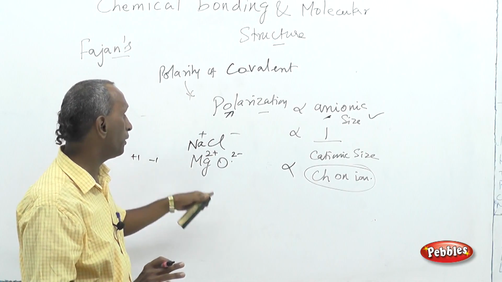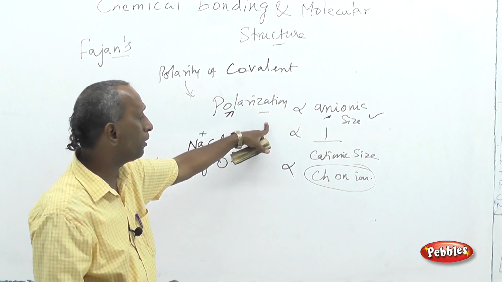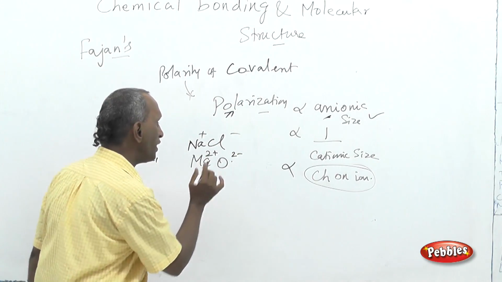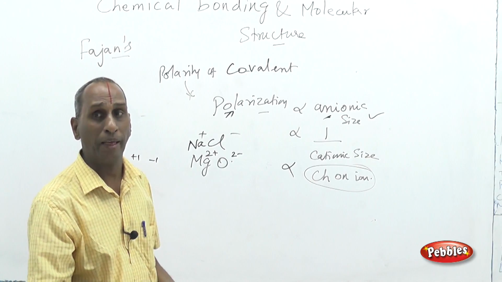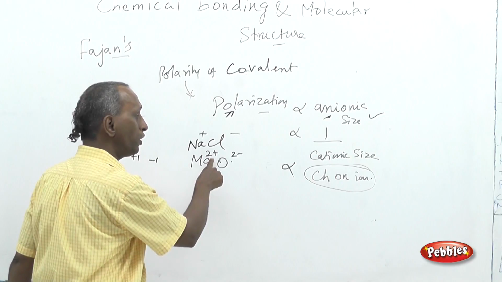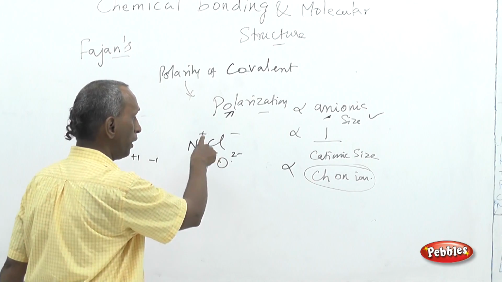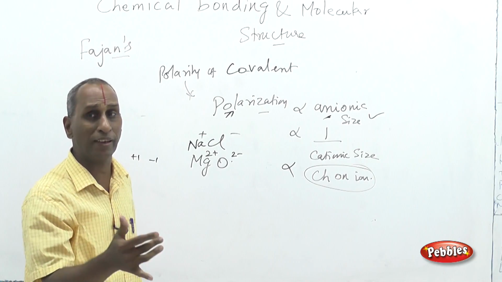Magnesium oxide is more covalent than sodium chloride. Why? Because in magnesium oxide the charge is magnesium 2+, oxygen 2-. Here it is only sodium chloride, 1+ and 1-, one electron transfer.